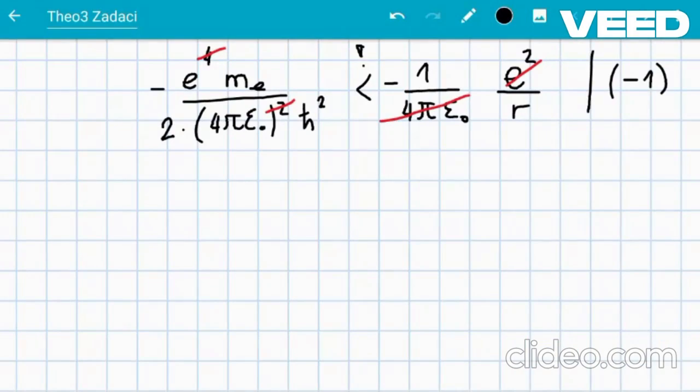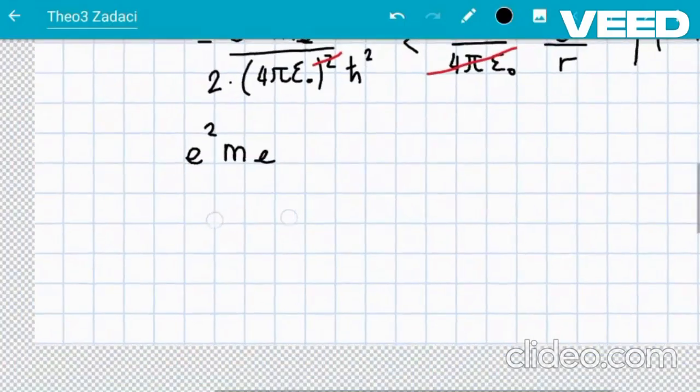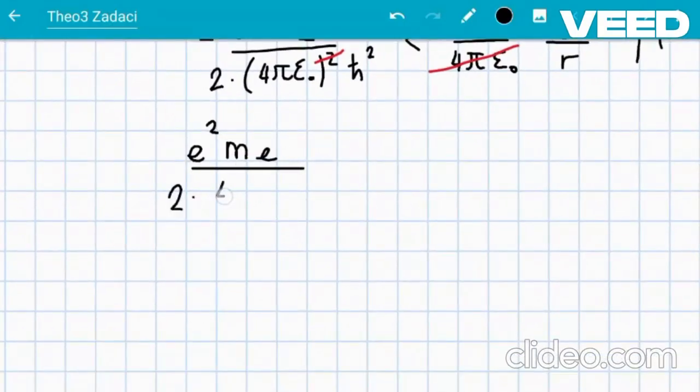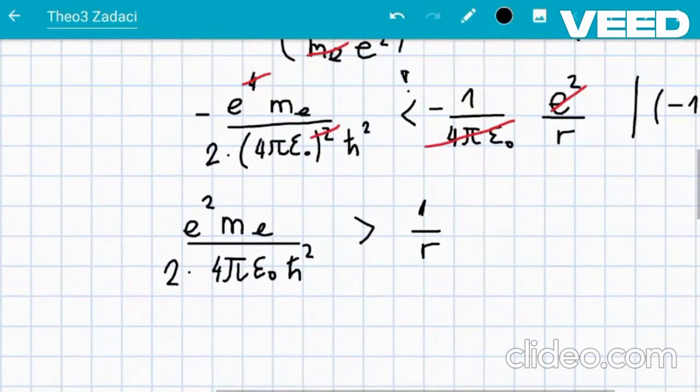So it's e squared m_e over 2 times 4 pi epsilon naught h bar squared is larger than 1 over r.